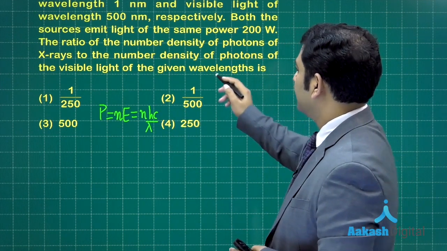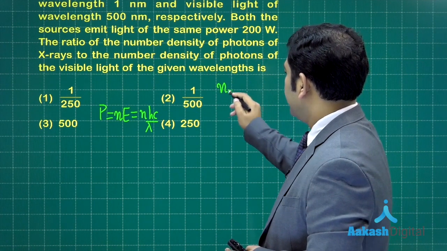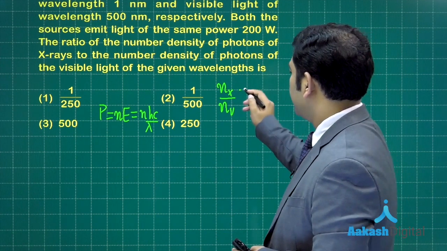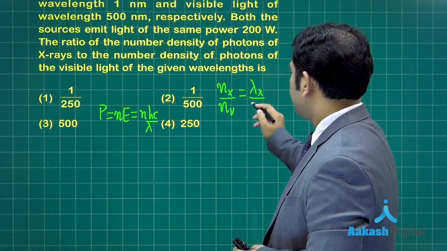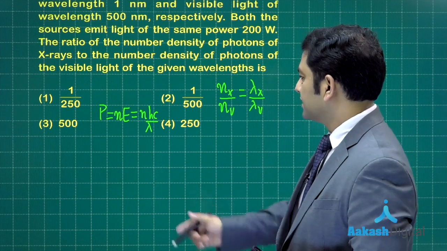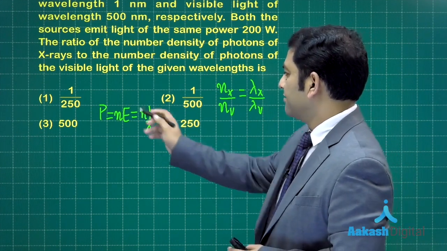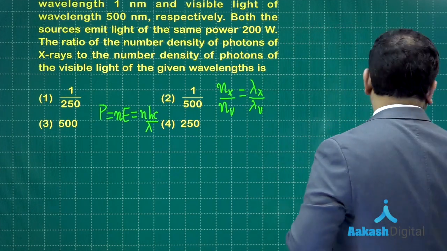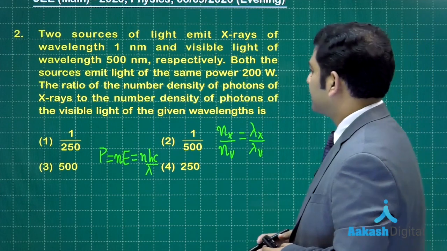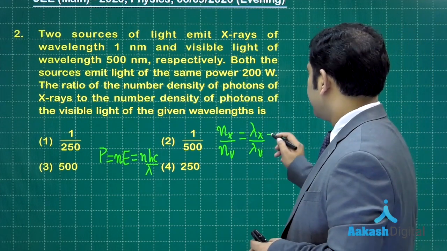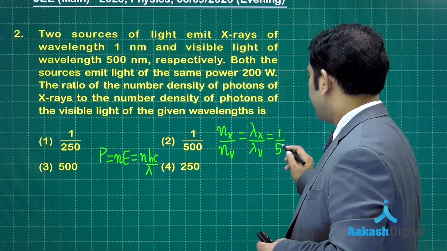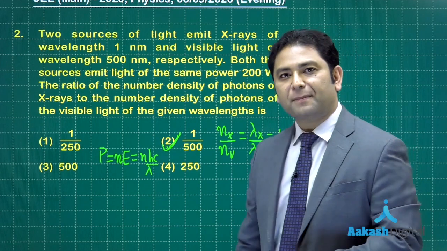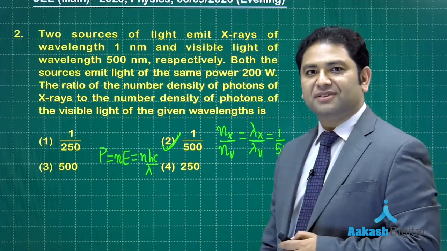So straightforward, we can write Nx by N visible, that's going to be the wavelength of X-ray by the wavelength of visible. N by lambda would be constant in this given condition. So now lambda x by lambda visible is given as 1 by 500. So where is the option? Option number 2, right?